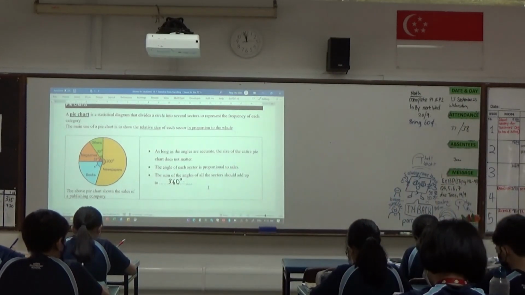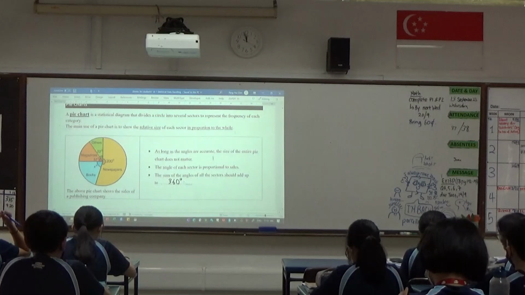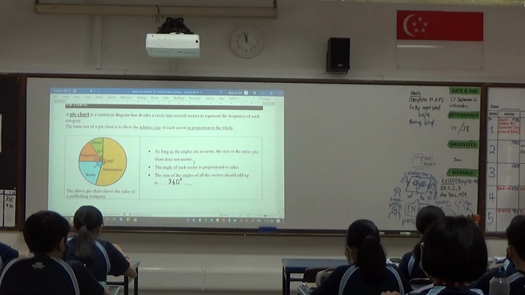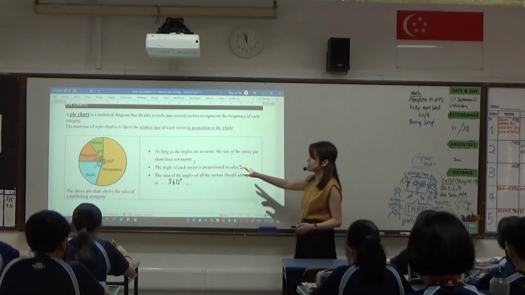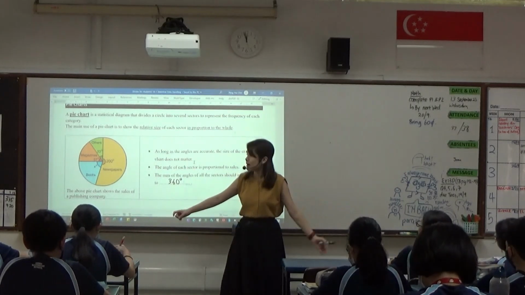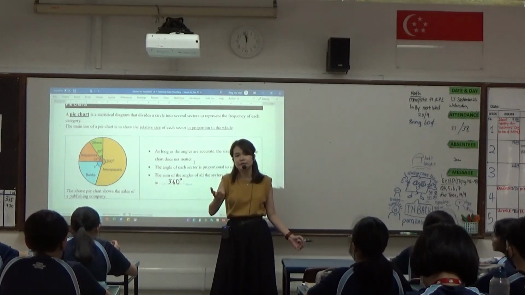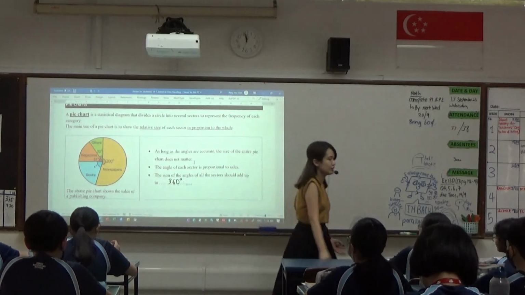So, what is being meant by the very first sentence? That the size of the entire pie chart does not matter. Your pie chart can be very big, but it doesn't affect the angle. If it's 200 degrees, it's still 200 degrees, no matter how big the pie chart is.